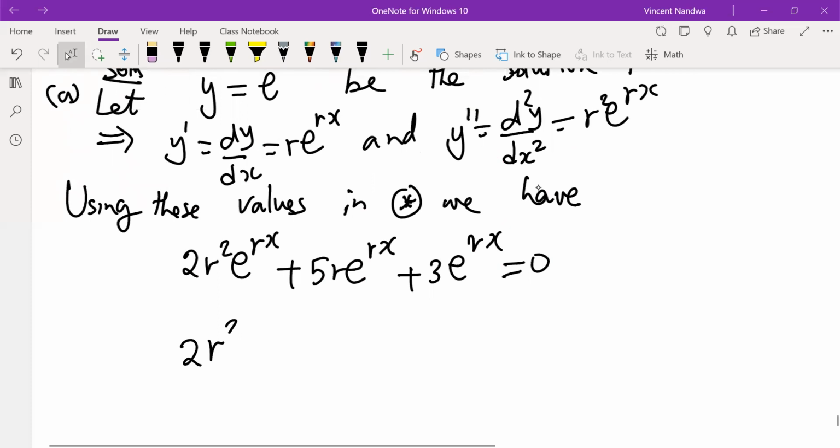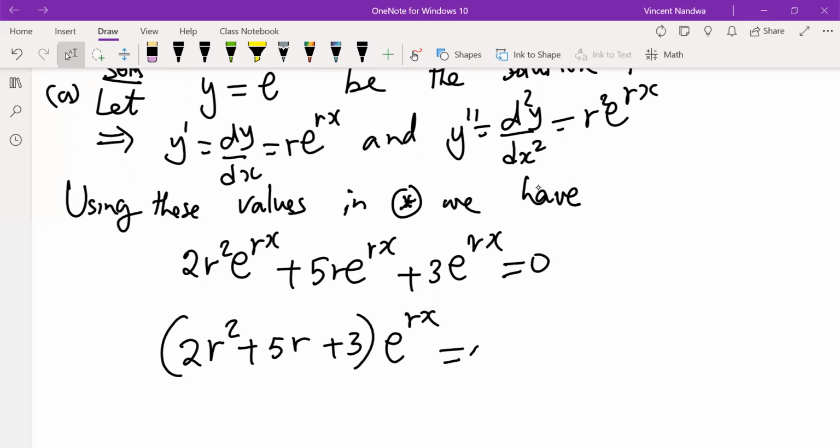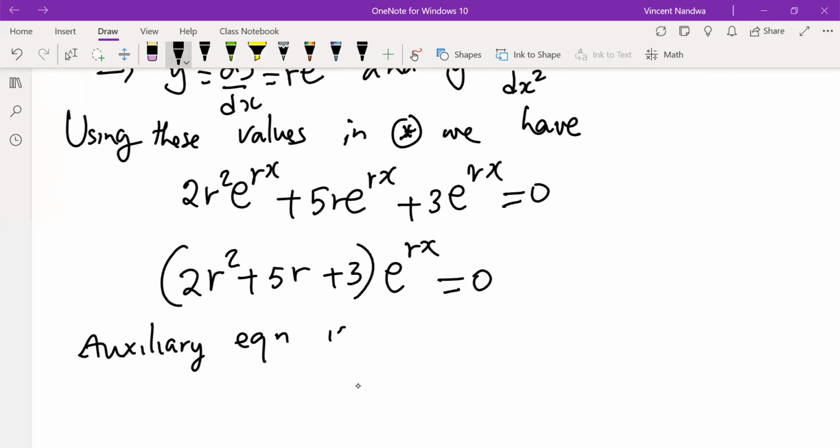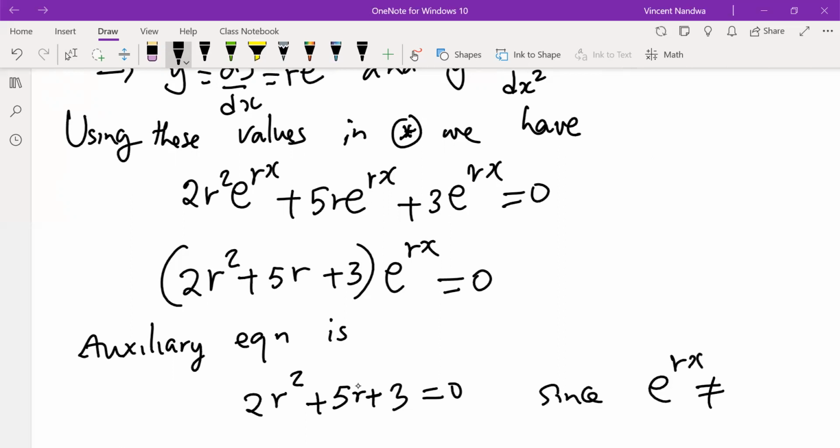So we'll have (2r squared plus 5r plus 3) e raised power rx equals 0. And then here the auxiliary equation is 2r squared plus 5r plus 3 equals 0, since the exponential part cannot be 0.